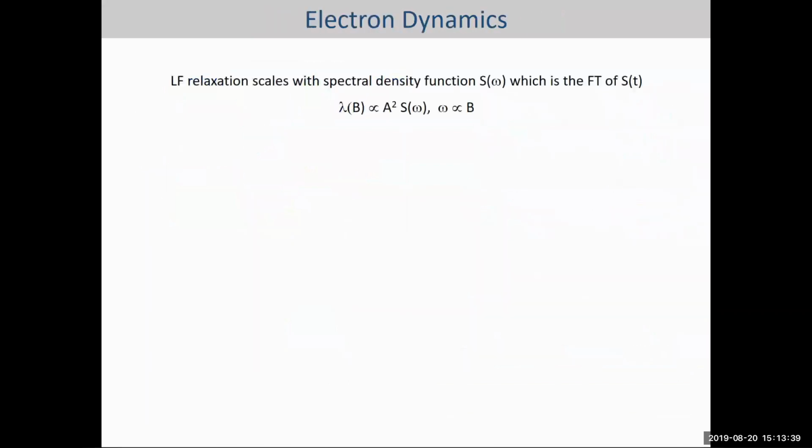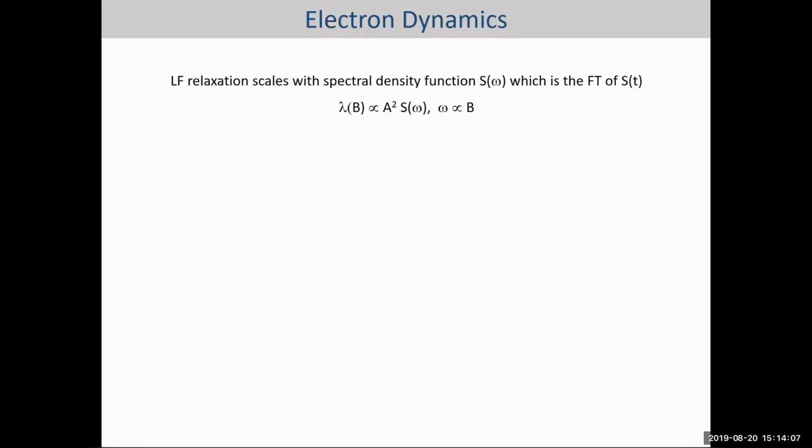Okay, so the other aspect that I want to cover is electron dynamics. If you look at LF relaxation, it scales with the spectral density function. So LF relaxation is a measure of the spectral density of fluctuations, which is in turn a Fourier transform of an autocorrelation function for the spin.